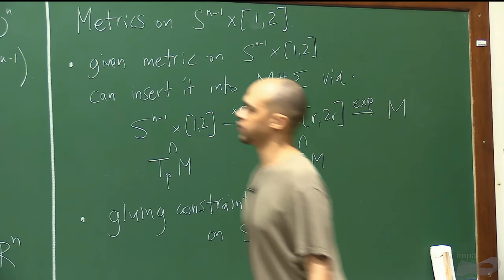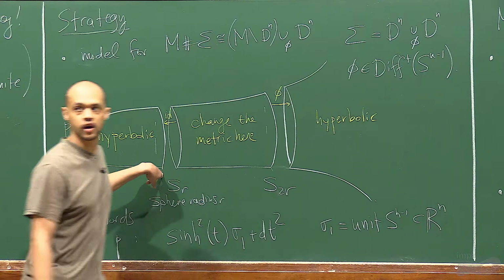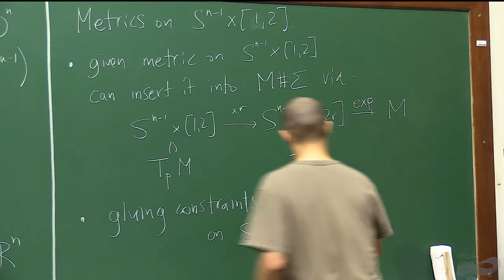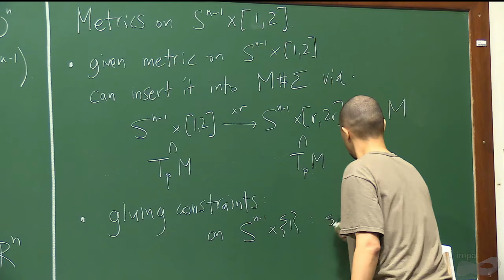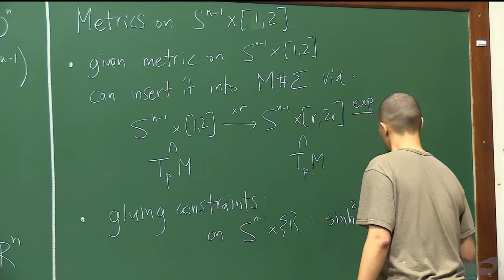On the left endpoint, we should match with the hyperbolic metric on the sphere of radius r. So that's sinh squared r times sigma 1.